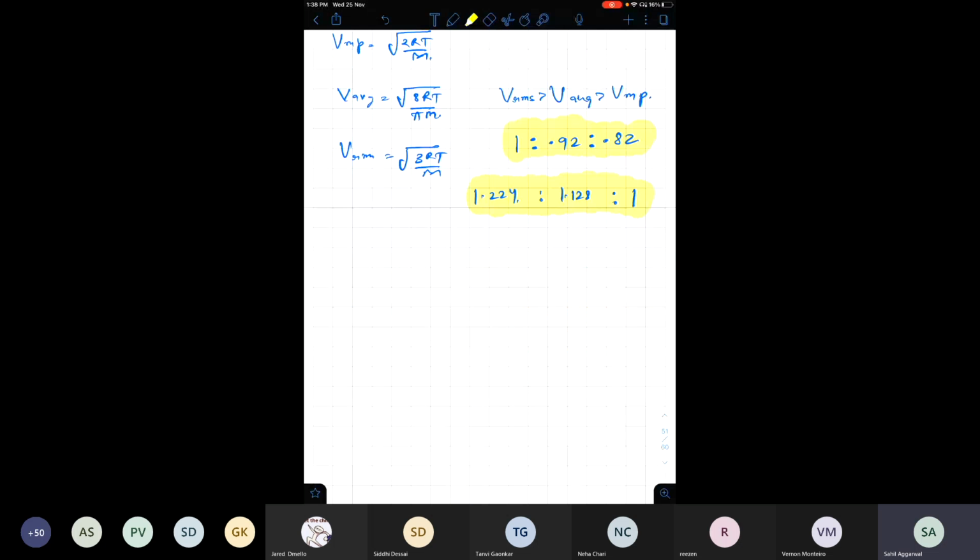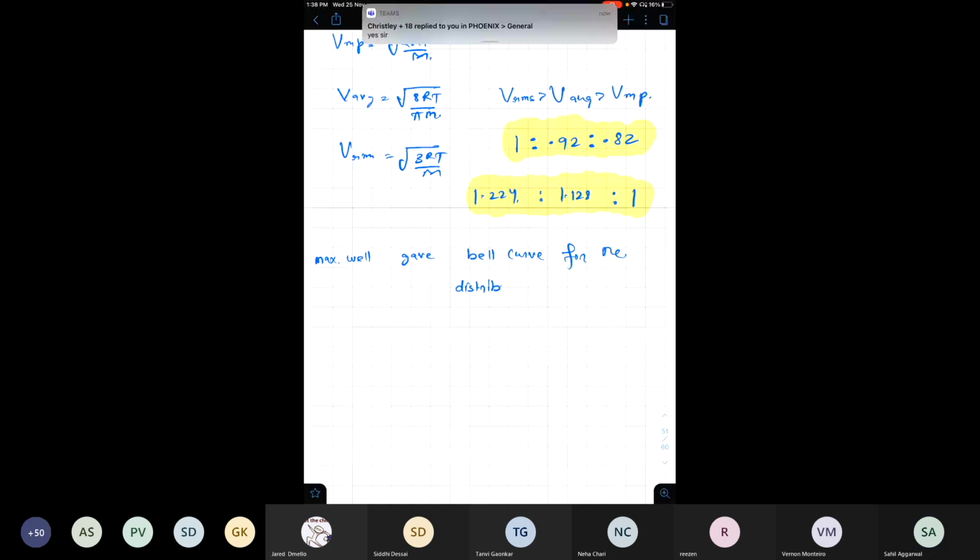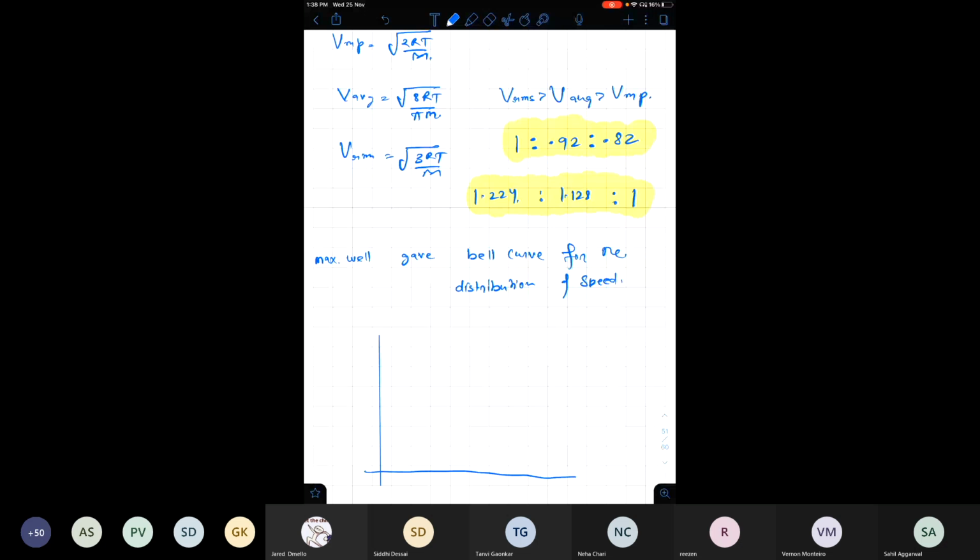Now Maxwell gave a bell curve for the distribution of speeds. This is V. This is fraction of molecules.